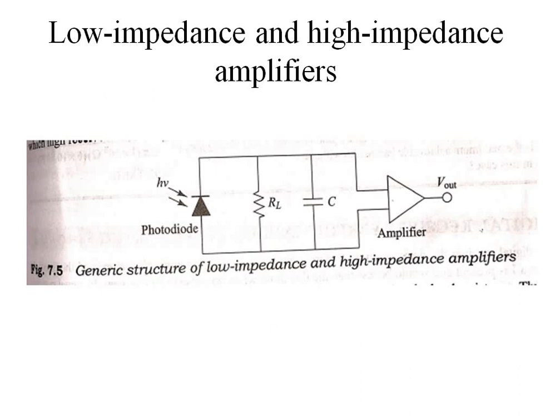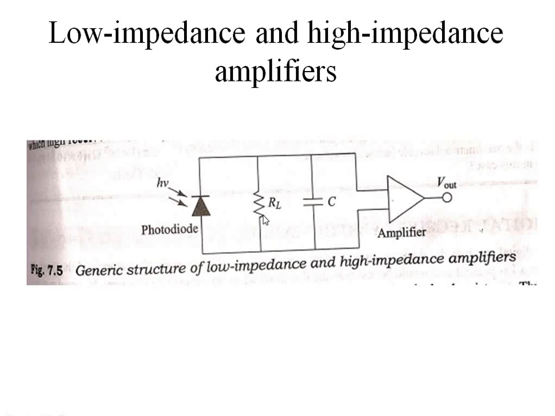In the low impedance preamplifier, the photodiode operates into a low impedance amplifier with an effective input resistance RA. A bias or load resistor RB in parallel with RA is used to match the amplifier impedance. The total preamplifier load resistance RL is the parallel combination of RA and RB.